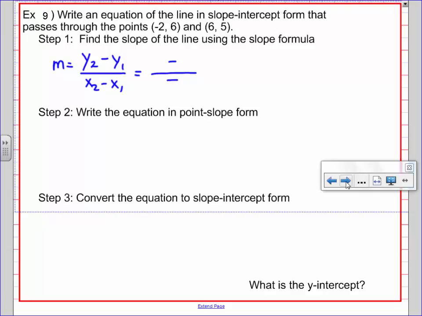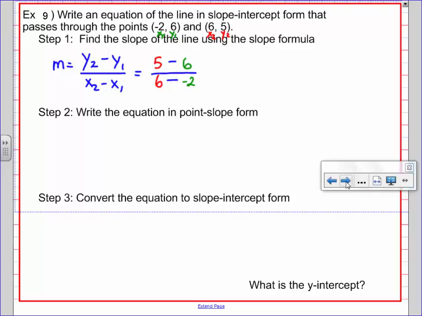Let's see. y2 is the y value of the second point. So y2 is right here, 5. And y1 is the y value of the first point. So that is 6. And then x2 is the x value of the second point. So that is also 6. And x1 is the x value of the first point. So that is negative 2.